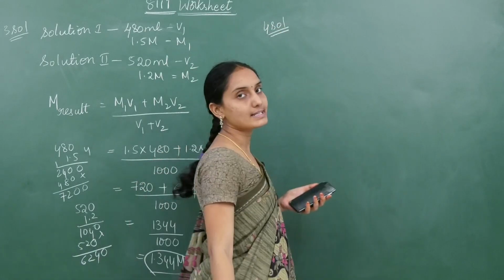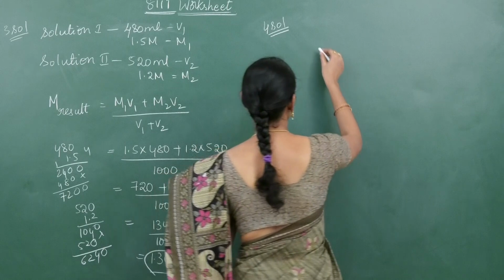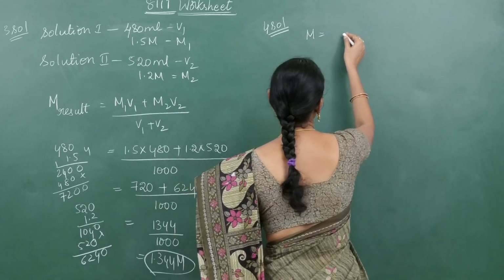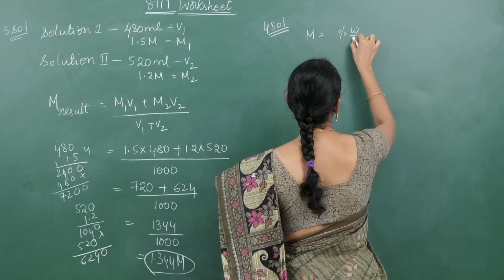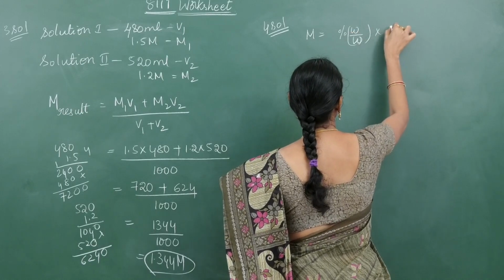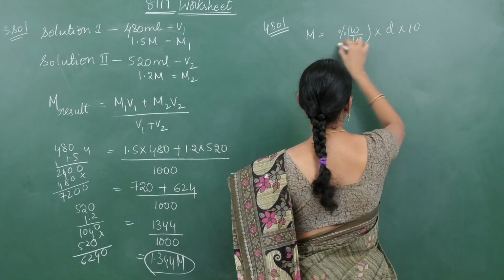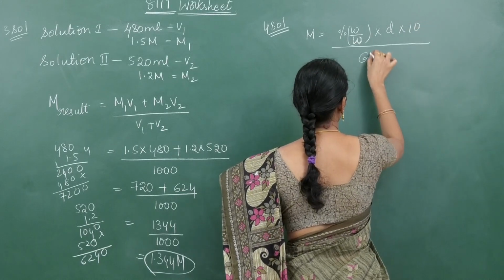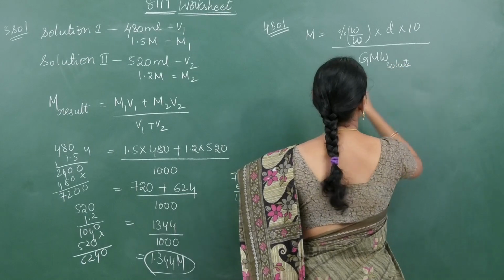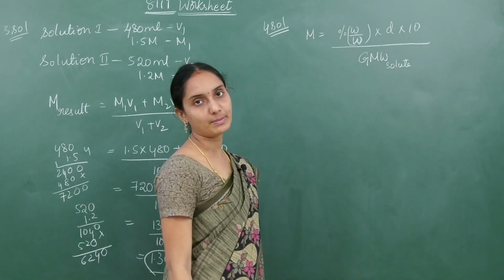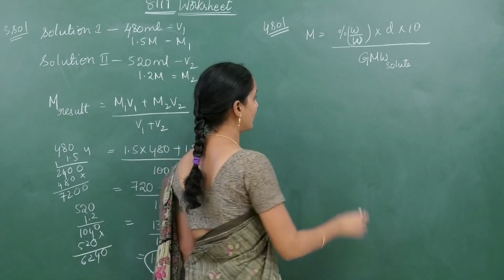The formula that has a relation between density and molarity is: molarity is equal to percentage weight by weight into density into 10 whole divided by gram molecular weight of solute. So this is the formula which is related between molarity and density, children.